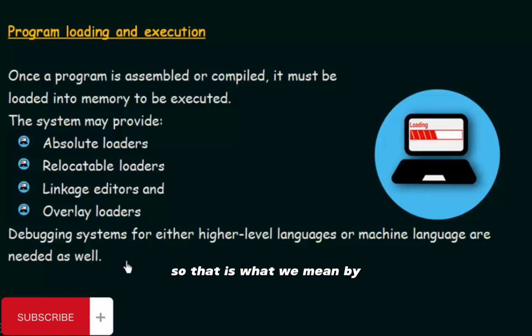That is what we mean by debugging, and the programs responsible for this task are known as debuggers. So debuggers also may be necessary. All these programs that help in loading and executing programs fall into this category of program loading and execution system programs.